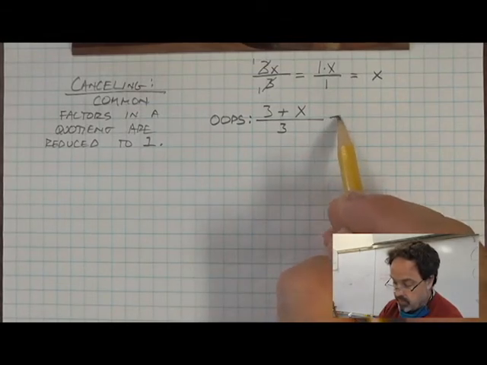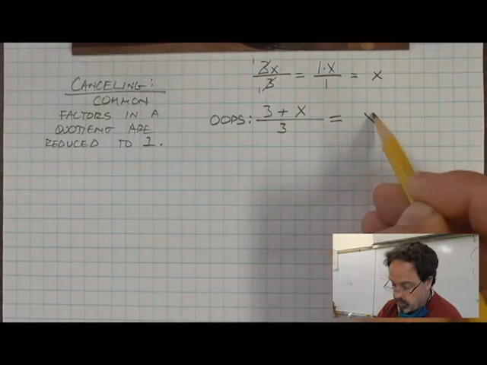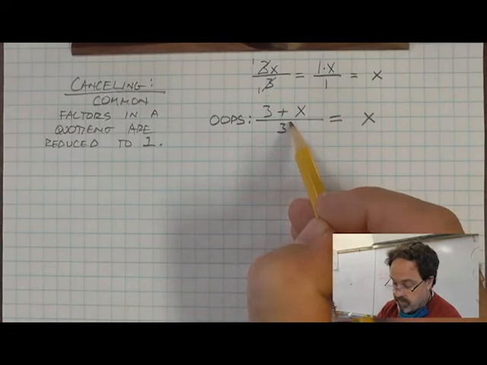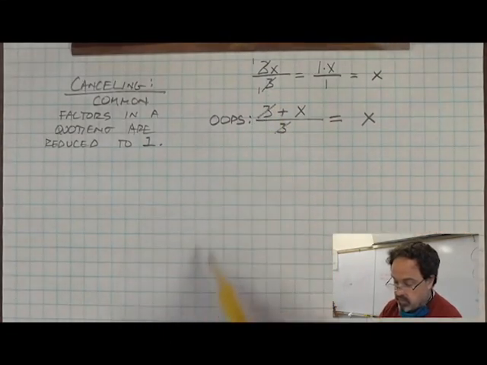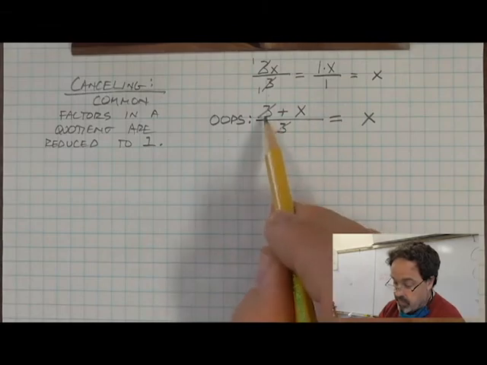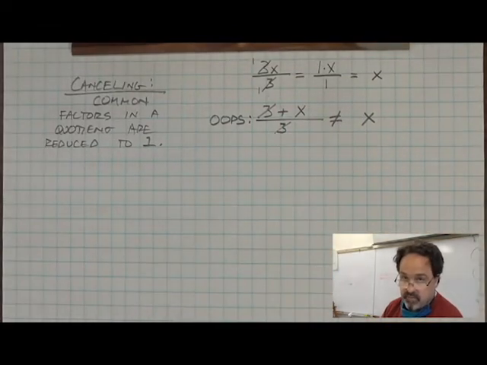This here, very often, somebody will mistakenly reduce it to x because they see that this 3 and this 3 ought to be able to be canceled. But it's not canceled that way. So this 3 plus x divided by 3 is not equal to x.